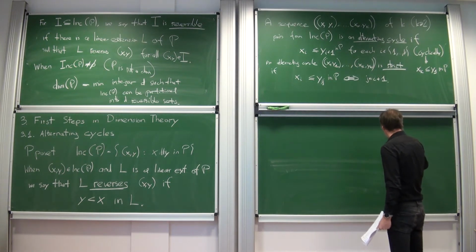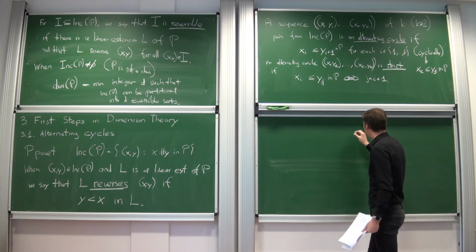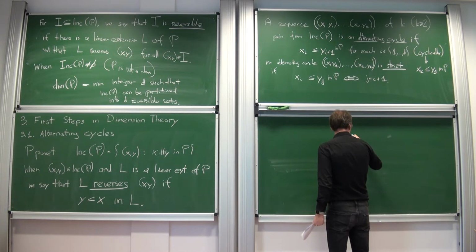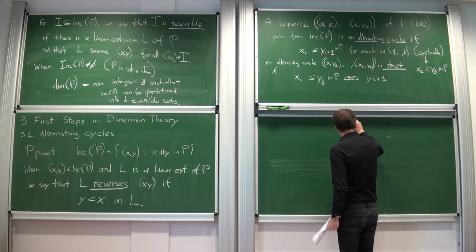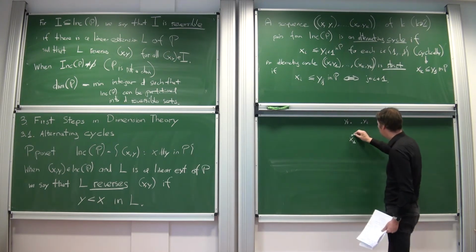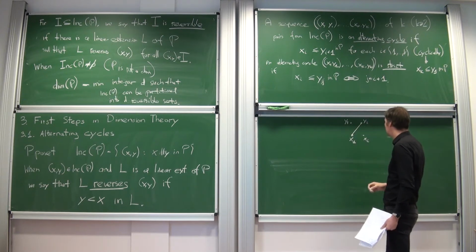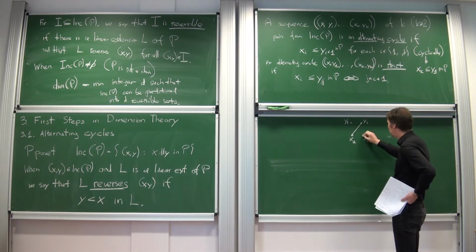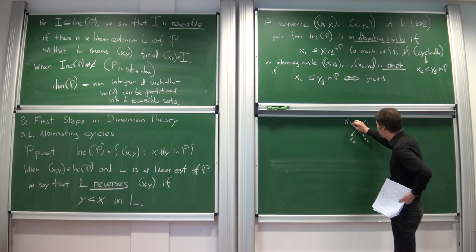So what is a two cycle? Well, this is x1, y1 incomparable, x2, y2. So x1 is supposed to be below y2, and x2 is supposed to be below y1.